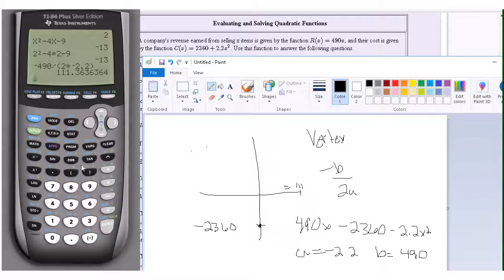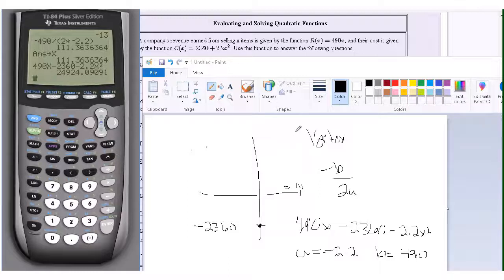Here's a little shortcut. I can store this as x in my main screen, and now I can type this equation directly in: 490x minus 2360 minus 2.2x squared. This is going to give me the y value. The y value is really high, 24,924.